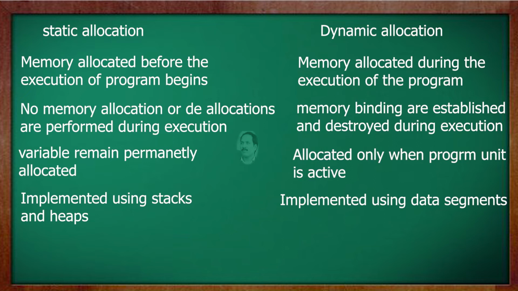I think it is better to explain with key points, then you will understand exactly what it is. Static memory allocation: the memory is allocated before the execution of the program begins, that is, during the compilation. Most of the variables we have declared so far are under static memory allocation.